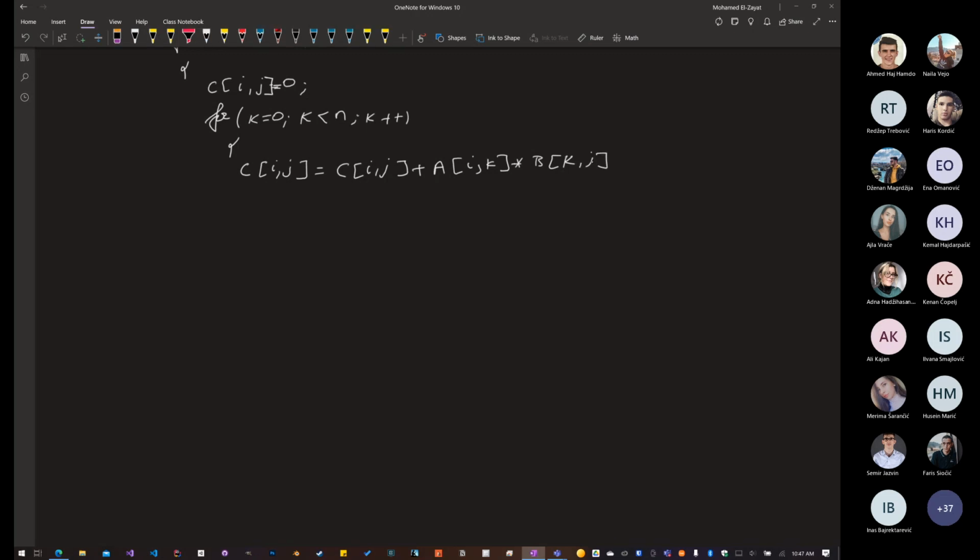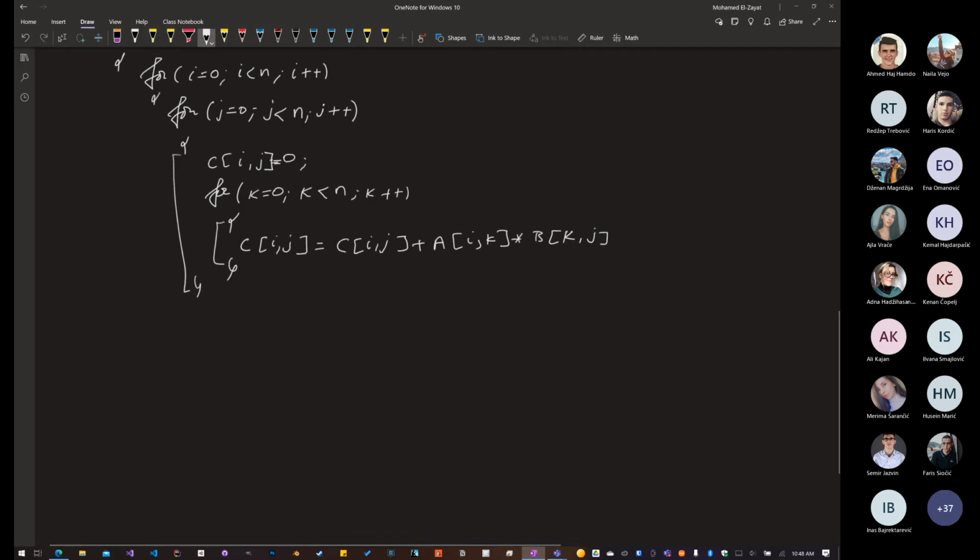Hopefully Microsoft Teams will allow me to write. And then we close this bracket because this belongs to this, and we close this bracket because this belongs to this, and then we close this bracket because this belongs to this one, and then we close this bracket because this one belongs to that one.